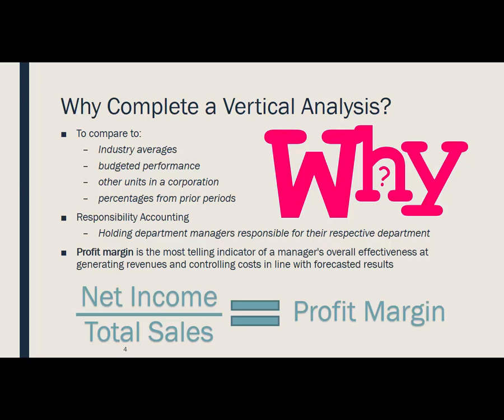It's one of the most telling indicators on a summary operating statement or on a USAR income statement of a manager's overall effectiveness at generating revenues and controlling costs in line with forecasted results. So by dividing our net income by our total sales, and multiplying it by 100, we find out our profit margin.